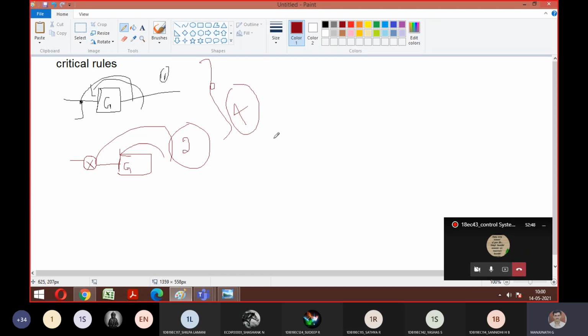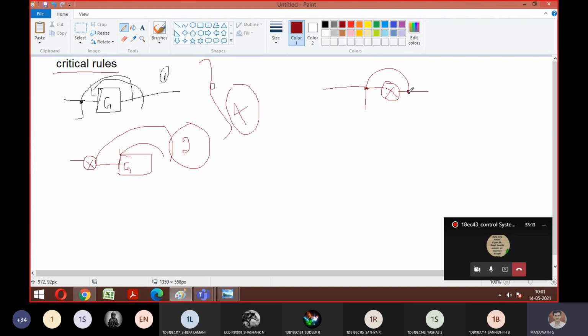Yes, sir. Now what I am trying to explain in this critical rule is, if there is a breakaway point along with a summing point, this was not gone through till now. If I move a breakaway point ahead of a summing point, what is the rule you're supposed to follow?